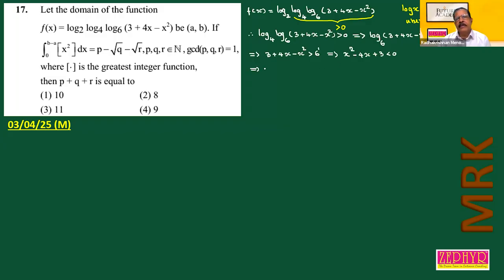Which implies x minus 3 into x minus 1 less than 0. So when you solve this inequality, find the interval in which x lies. ഞാൻ കുറേ ക്വസ്റ്റ്യനിൽ ചെയ്തിട്ടുണ്ട്. x lies in the open interval 1, 3.